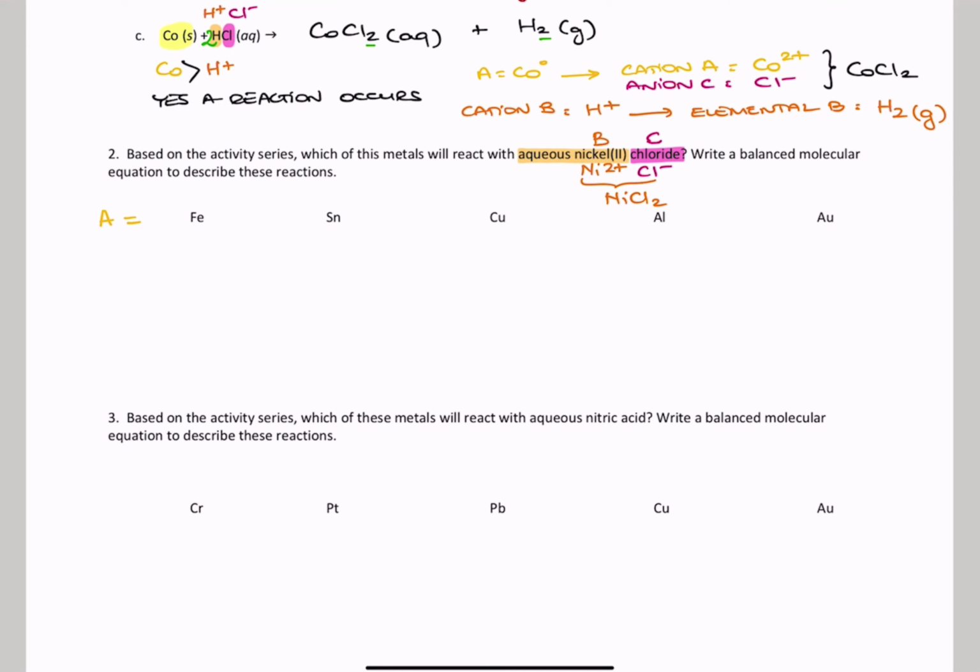So remember that in order for A to react with BC, A has to be above the cation B in the activity series. So take a look at your activity series and you will realize that only iron and aluminum are above nickel on the activity series. Okay?